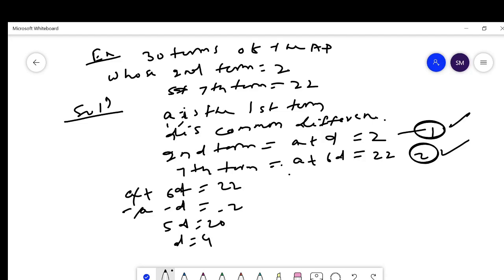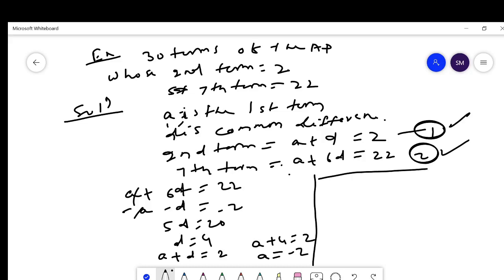As d is equal to 4, then a plus d is equal to 2. This means a plus 4 is equal to 2. a is equal to minus 2.